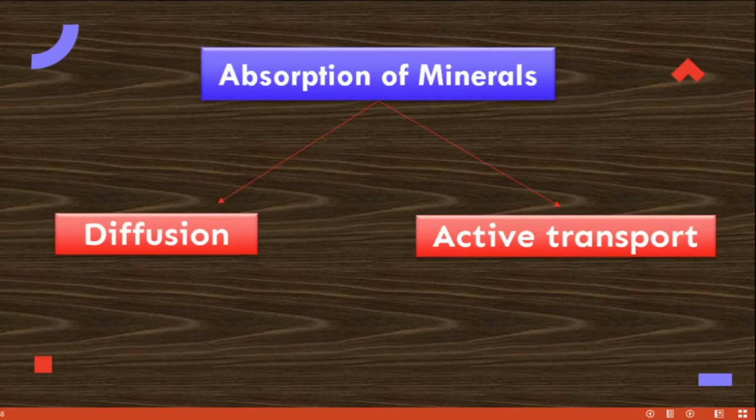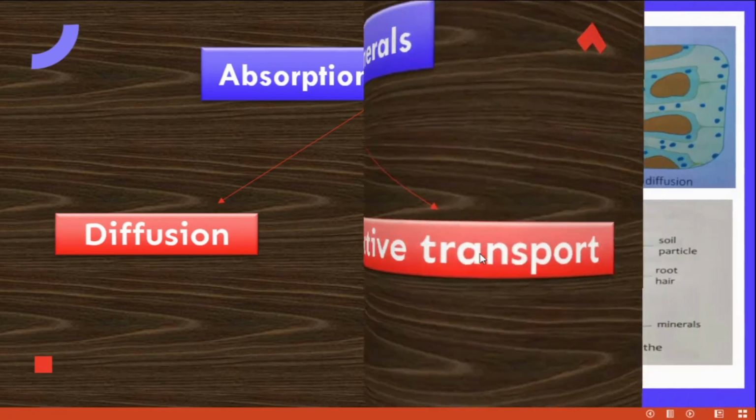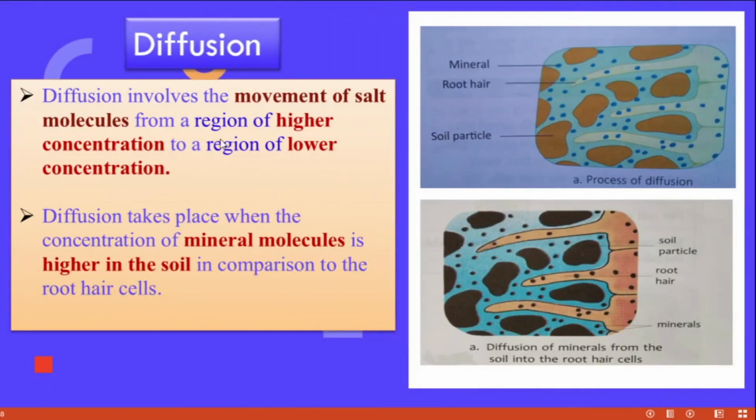Absorption of minerals. Usually plants absorb minerals by two methods: one is diffusion, another is active transport. What is diffusion? Diffusion is the movement of salt molecules from a region of higher concentration to a region of lower concentration, similar to osmosis. But osmosis allows only water molecules, whereas here it is minerals.